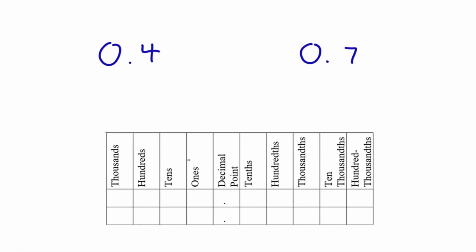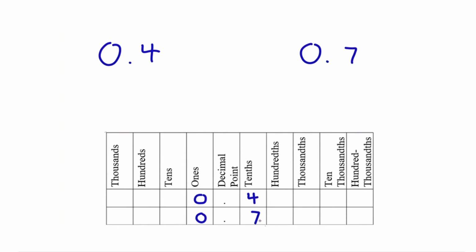The 0 is in the ones place, so we'll write that in the ones place, and the 4 is in the tenths place, so we'll bring that 4 here. In this number, 0 is in the ones place, and 7 is in the tenths place, so we'll bring that here.